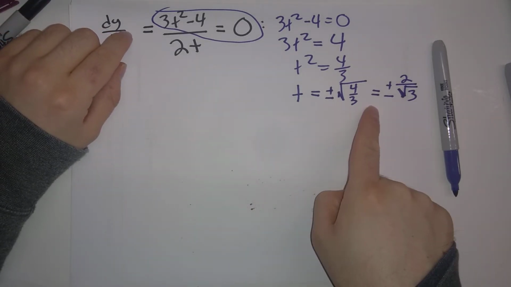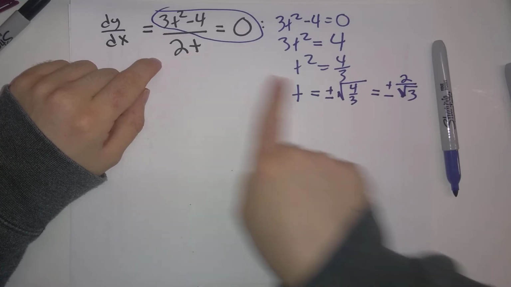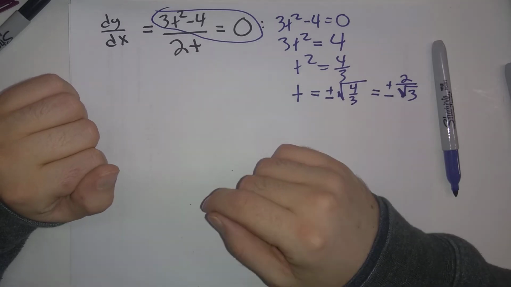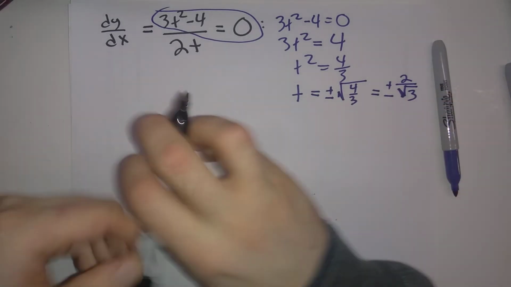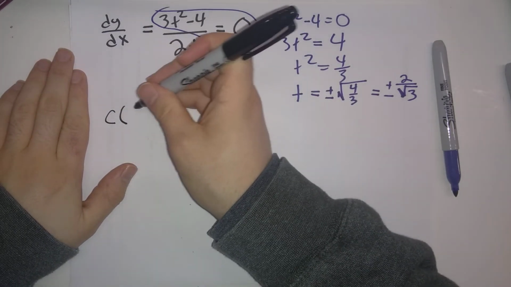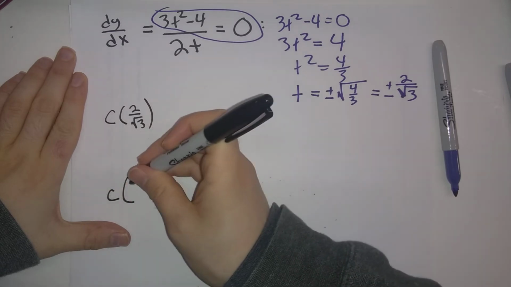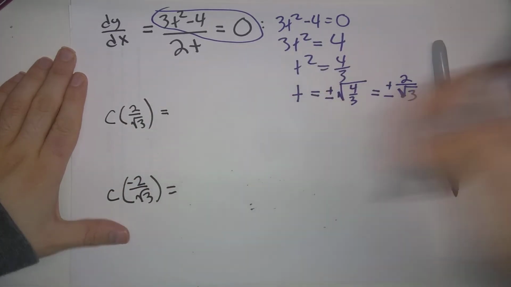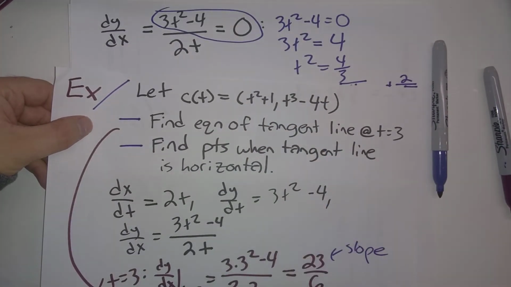Okay, so note here that 2t is not 0 at these values, so everything is on the up and up here. Okay, so now we have to plug in. So we have to find c of 2 over square root 3 and c of minus 2 over square root 3. So plug these in once again into our parametric equation here.